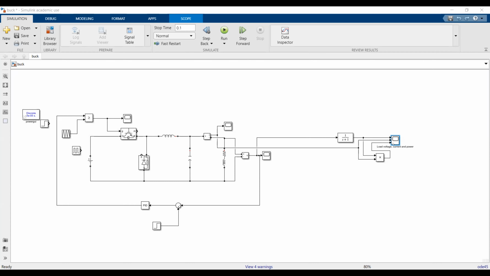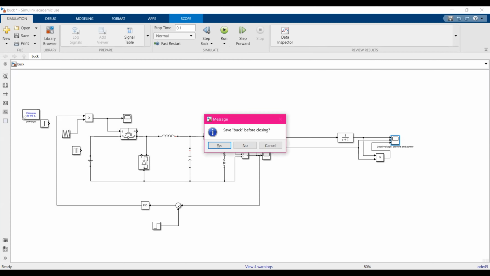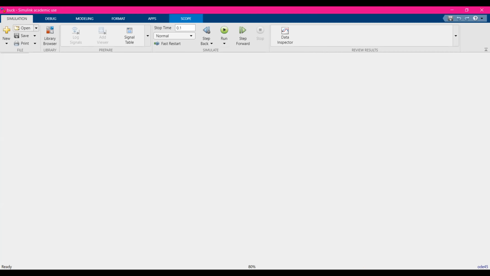Let me close it again. We're going to do it really fast. Okay, so we are here with the boost converter simulation.